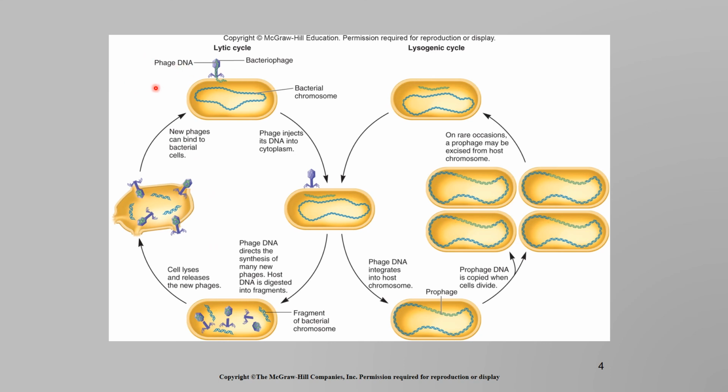A lysogenic cycle is going to be where the phage inserts its genetic material, but that genetic material then is going to end up as a prophage incorporated into the host DNA, and then it's going to continue to be reproduced. And at some point, maybe it will be excised, so that prophage will be excised, it will now be separate, and it will start that lytic phase again.